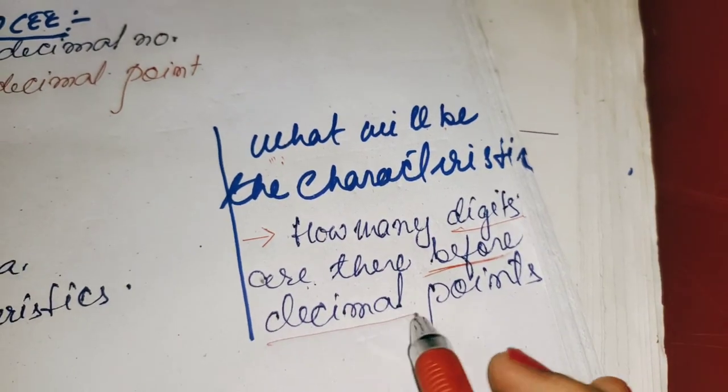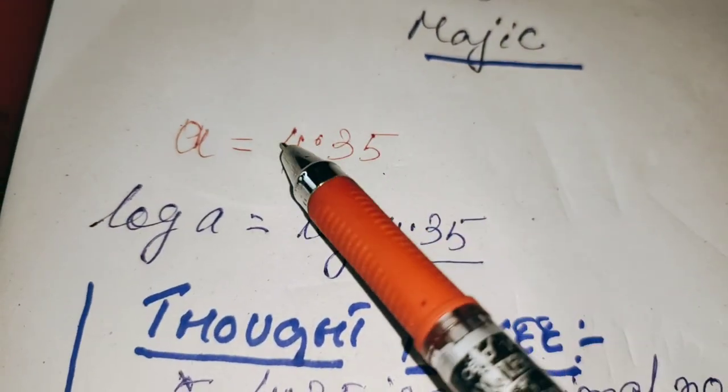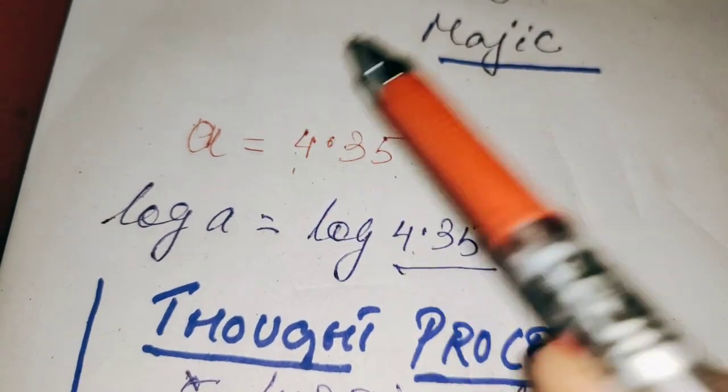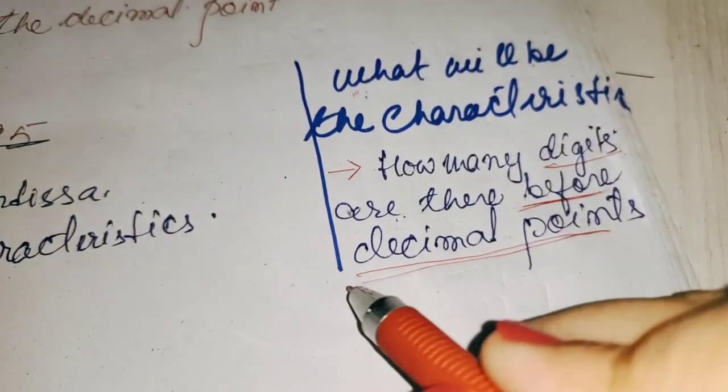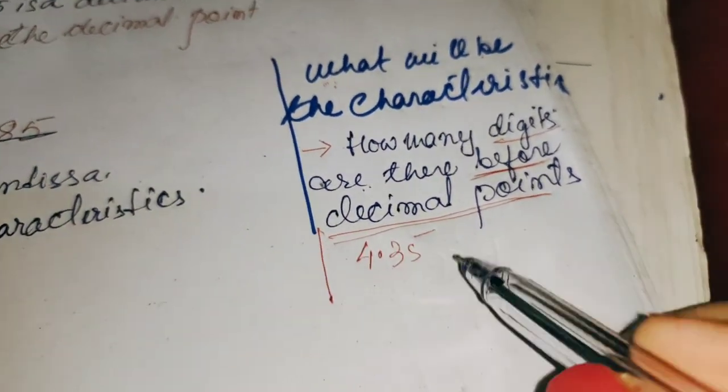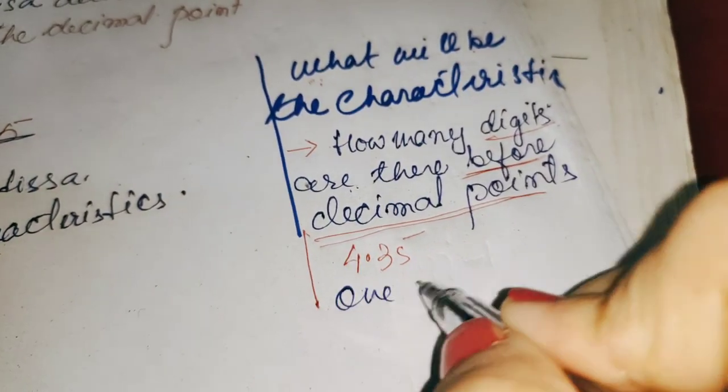Before the decimal point given here, we can see that there is only one digit. The number of digits is only one. So from this particular point, 4.35, we can write down there is only one digit.